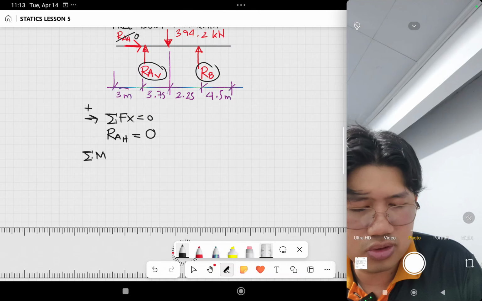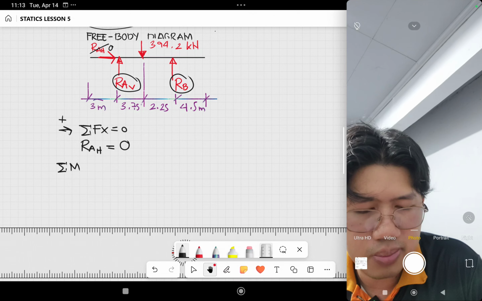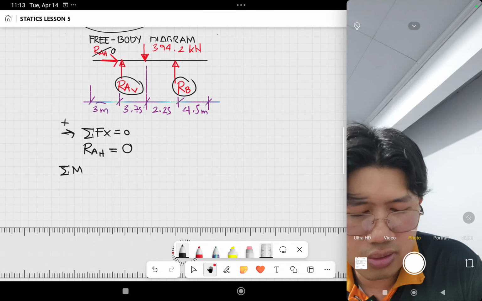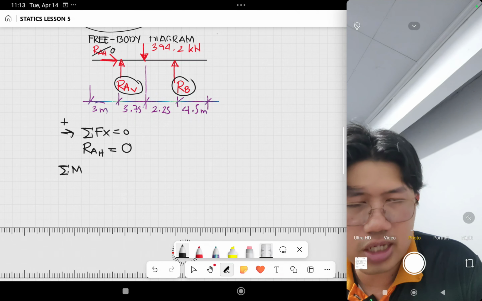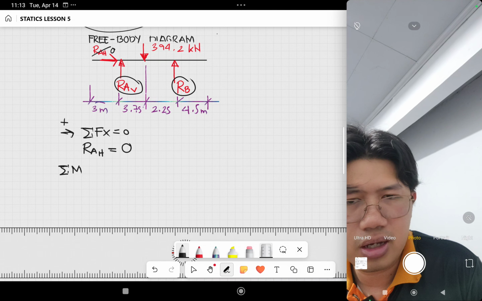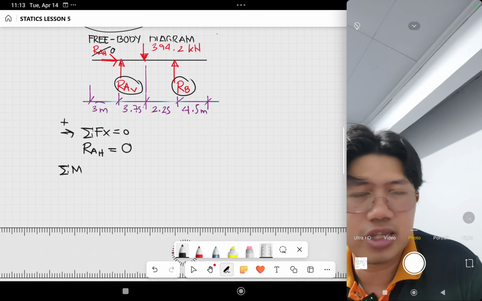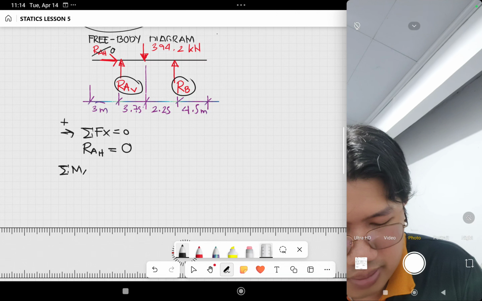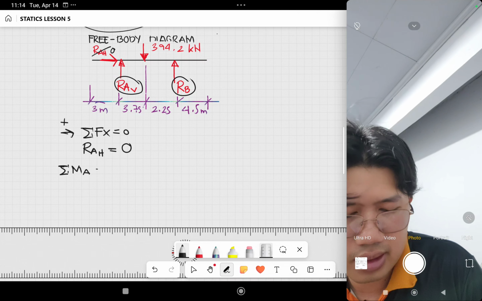Okay? So you choose a point, either point A or point B. So sa pagkuha ng summation moment, you take a moment about a point in which there are two unknown forces in that point. So, for example, summation moment of A equals 0.